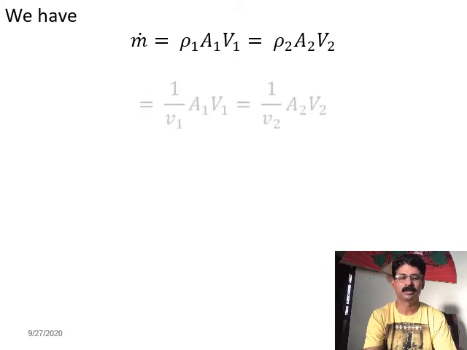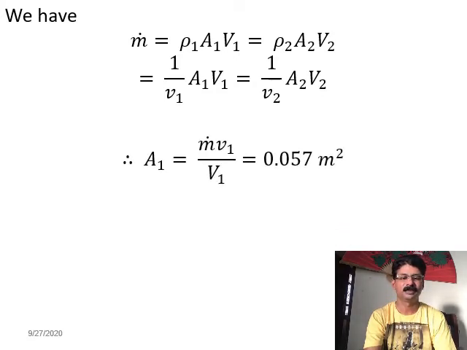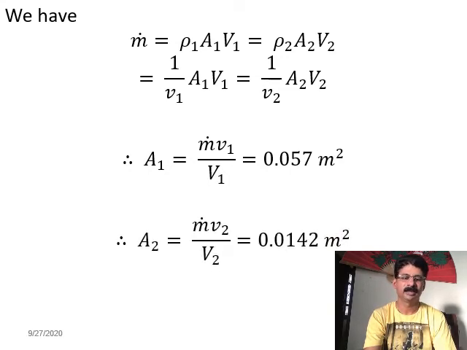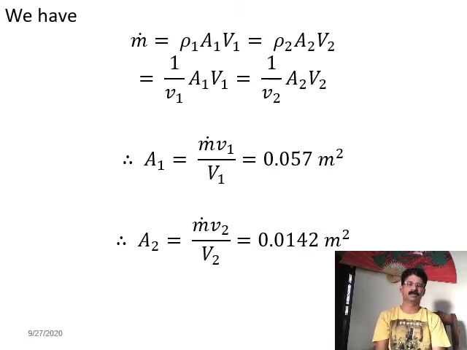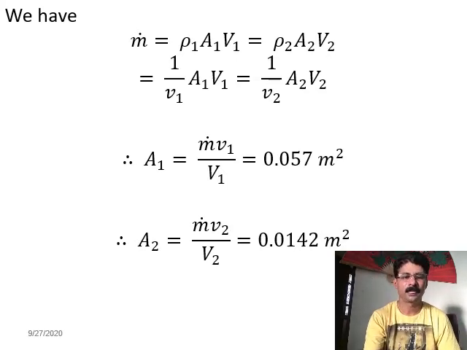Simplify, because m dot is given, so directly you can find out A1 and directly you can find out A2. So it's very easy once you know the basic concept. If you understand the basic concept, very easily you can solve these problems.